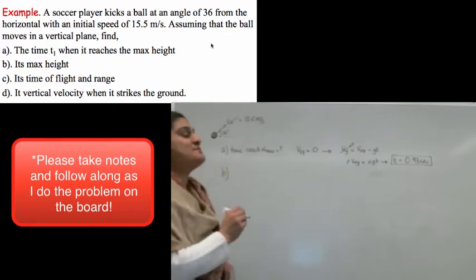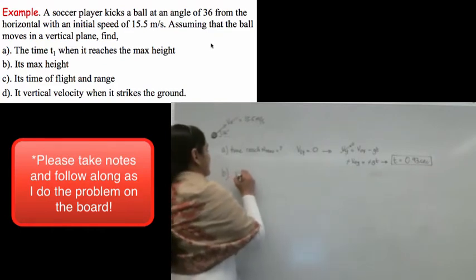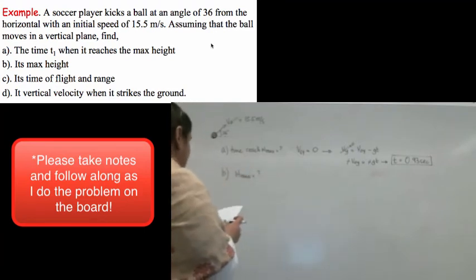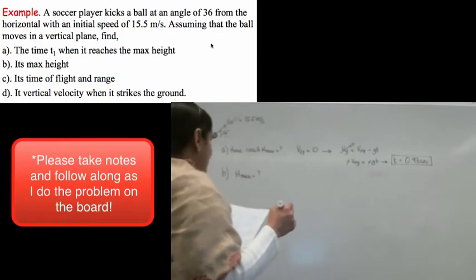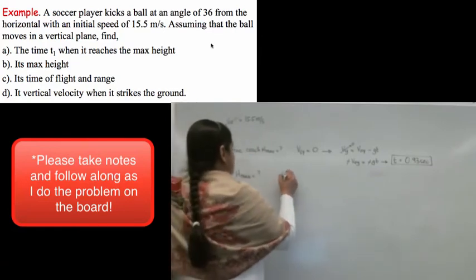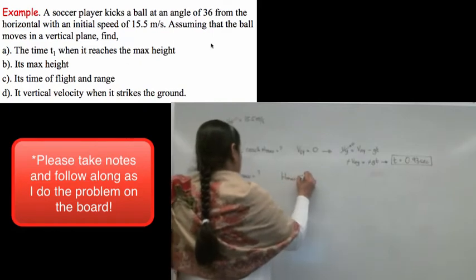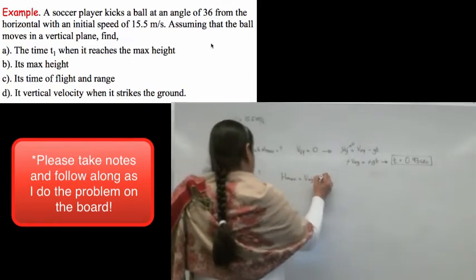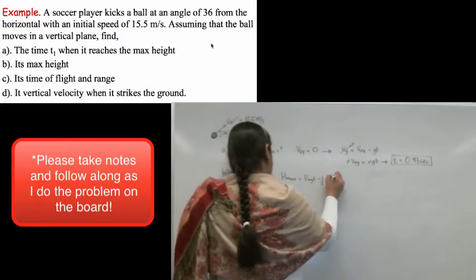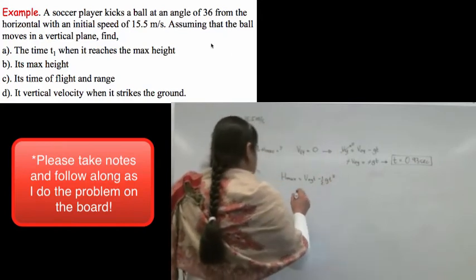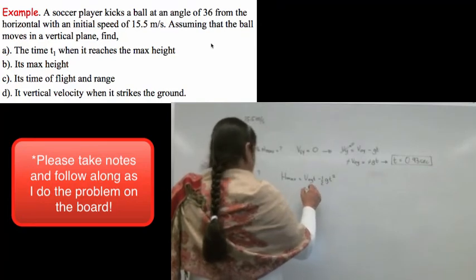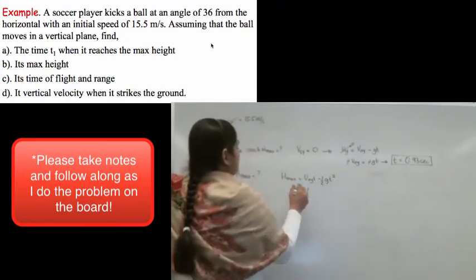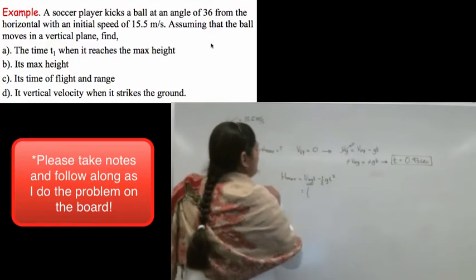Part B says it's maximum height. So now we're looking for h max. Well, what are we supposed to do in here? We could use the equation that we derived in the last one, or we can say that h max equals v0y t minus a half g t squared.